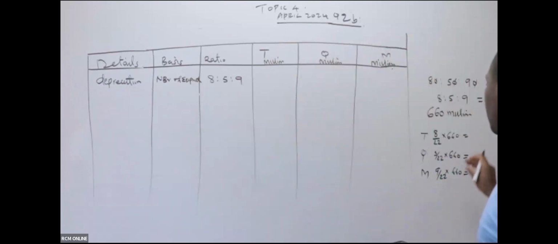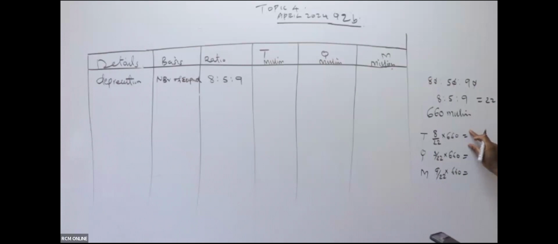So how much are we taking to the T department as a depreciation expense? When you take 8 divided by 22, multiply by 660, how much are we taking to T? 240. Okay. How about Q?